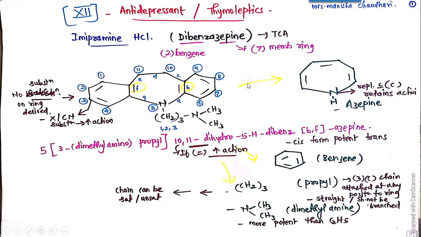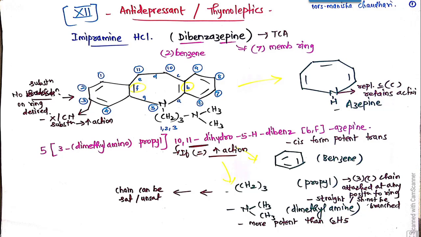Dibenz, that is 2-benzene, and BF. As we discussed earlier, the bond is shared with 2-benzene, so it is dibenz BF azepine. So the name is: fifth position of dibenzazepine, in bracket, third position of the parent side chain, where dimethylamino is present.